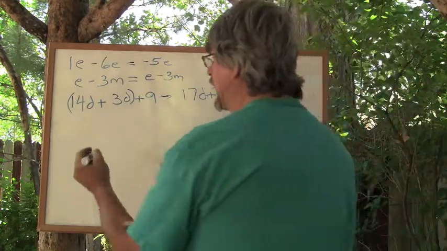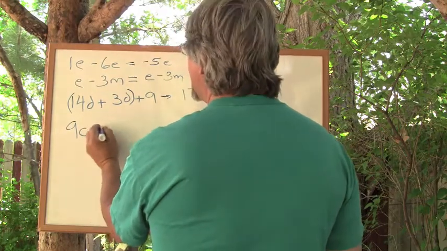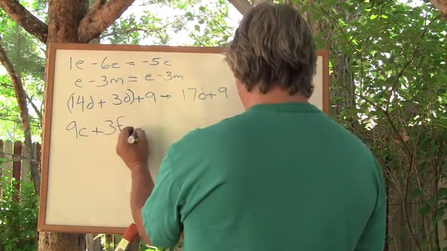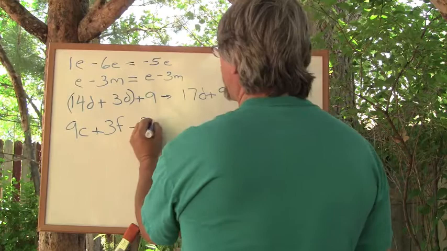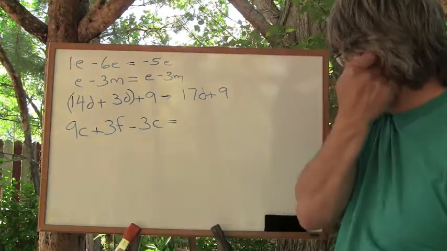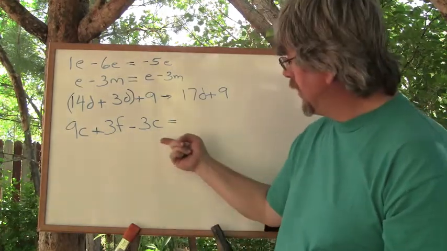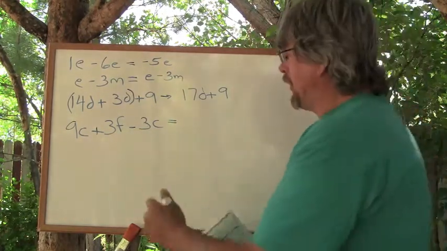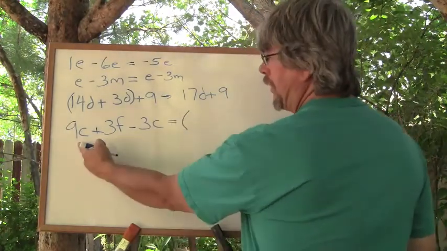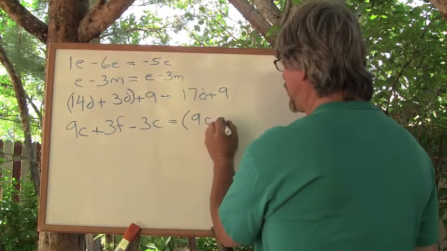They must be alike. The same thing when we're given an expression 9c, and let's say 3f, and let's say minus 3c. Now we've got a couple of terms that have the like terms. The c, the f is the oddball out, so we want to group the two c's together. 9c minus 3c.